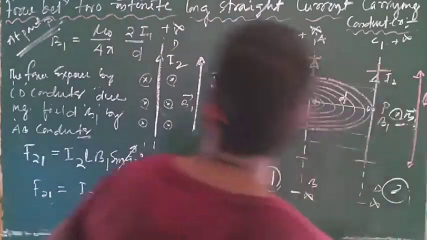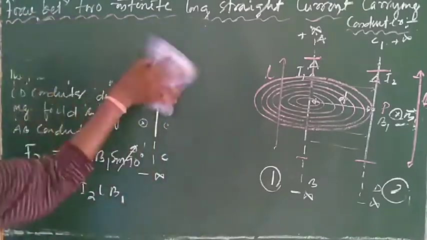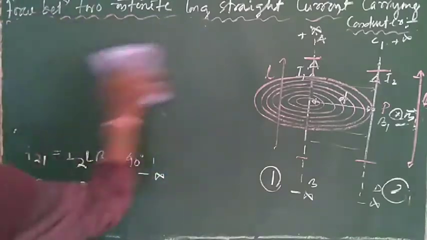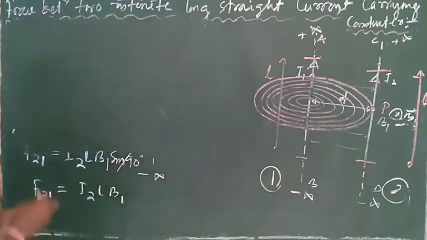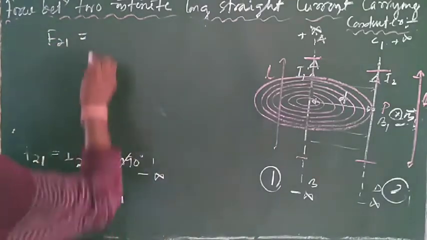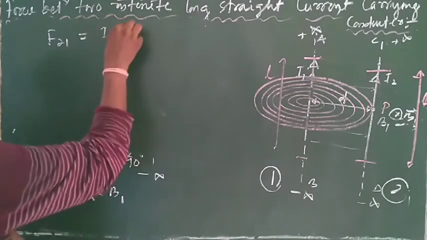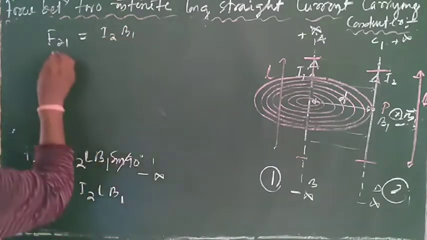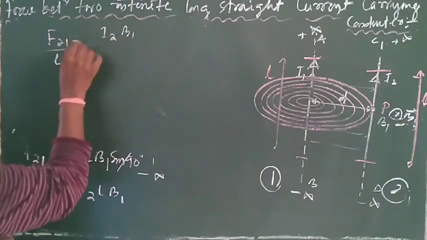If you write its value, then F21 is equal to I2 B1, and I can divide by L here.